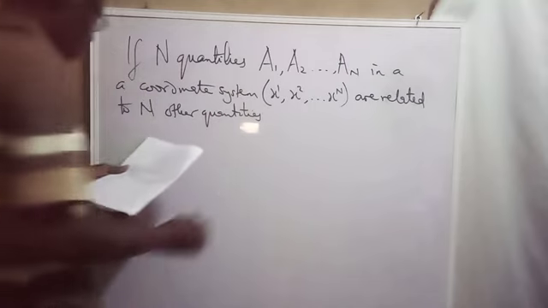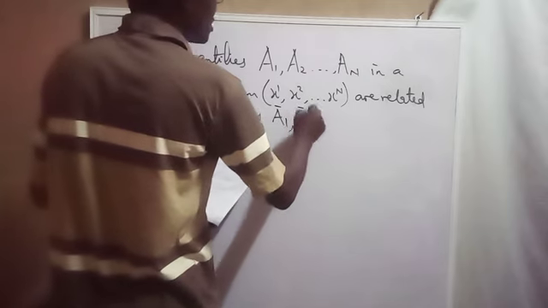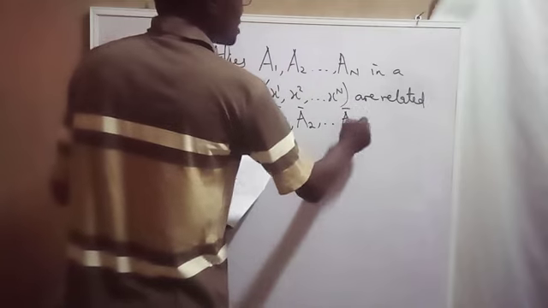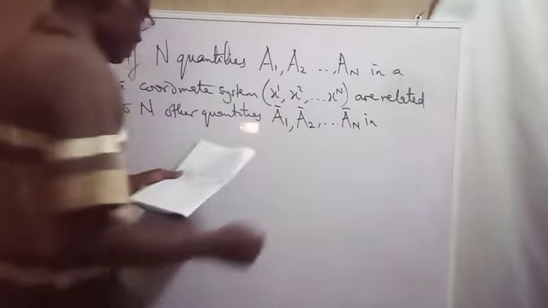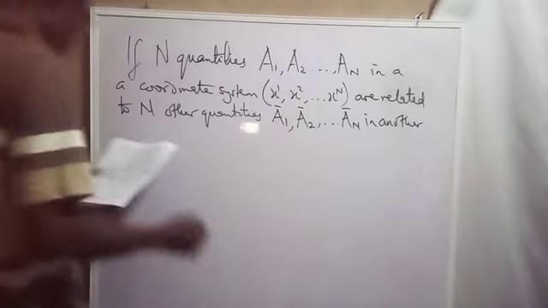Let's say this other quantity is a bar 2. You can see that this is almost the same as the other one, except that the position of the variance, of the rank in an order, differs.